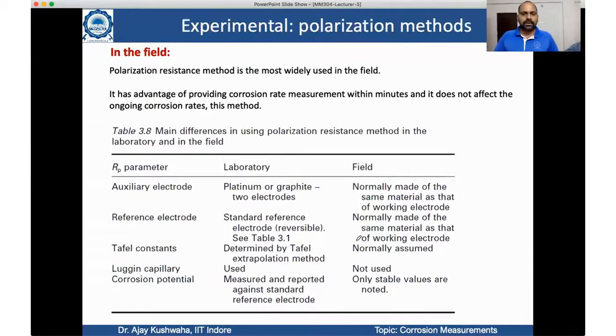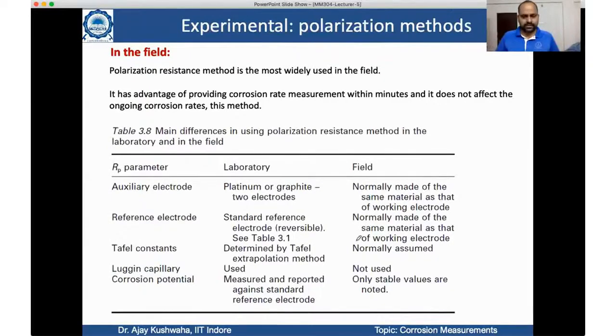As I told you, if we do this experiment in the laboratory, then of course platinum or graphite are the common choice. But this is not applicable in field testing. There, generally, the same material as our working electrode is used as the auxiliary or counter electrode.